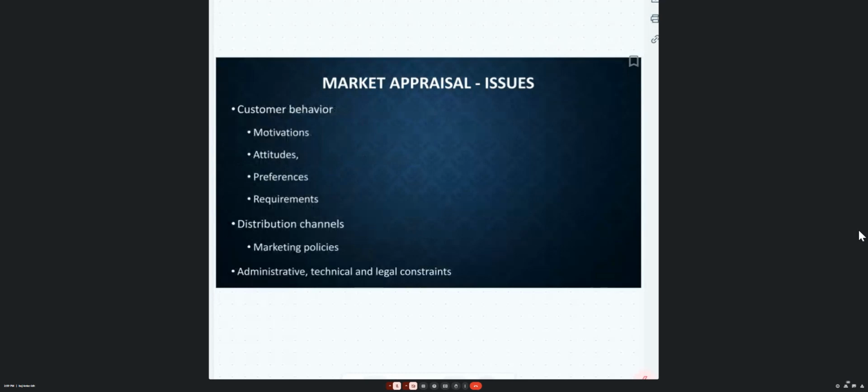Other issues you look at in market appraisal could be customer behavior. What are the motivations of the customers? What would motivate them to buy that product? Do they have an attitude to certain products?